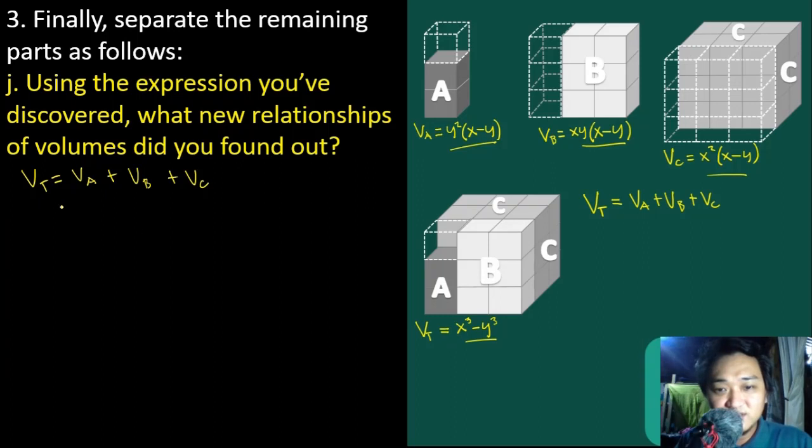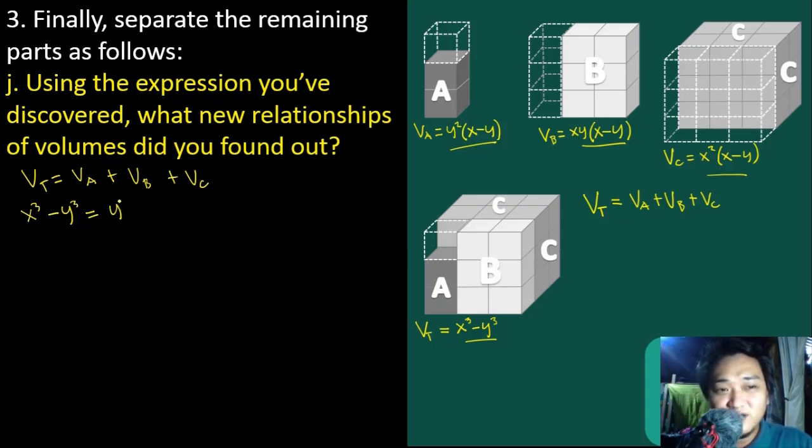What is total volume? Let us substitute V sub t, that will be x cube minus y cube. O, diba? So, total volume, ito yun, no? Ito yun. Okay. How about the volume of A?